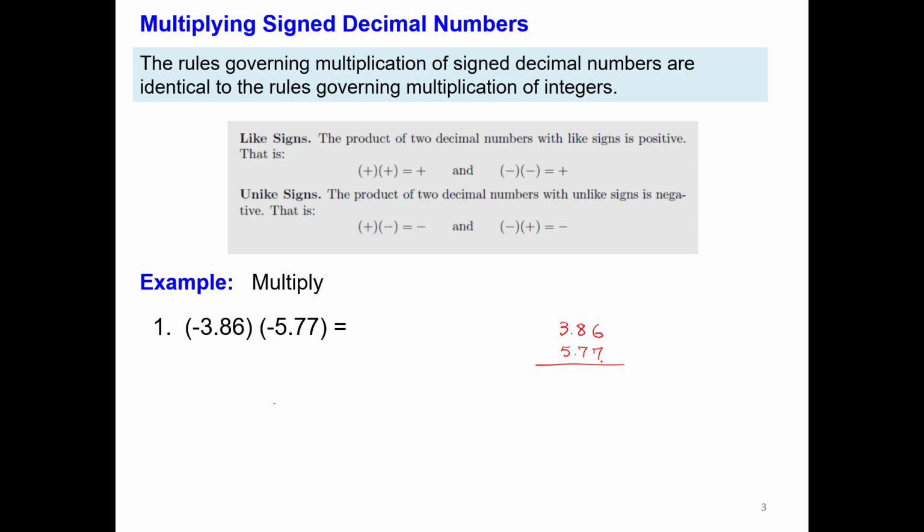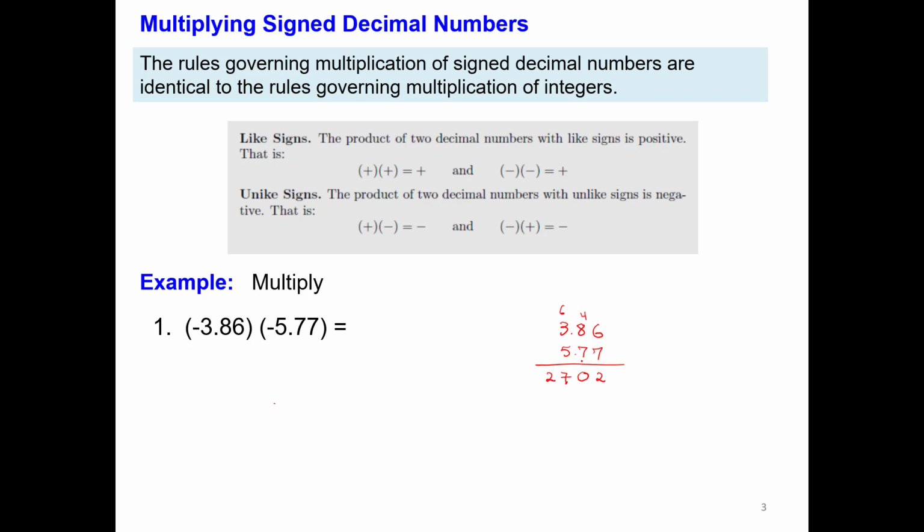We can think we had 386 times 5.77, and we will take care of the decimal places at the end. And 7 times 6 is 42, carry the 4. 7 times 8 is 56, plus 4 is 60, carry the 6. 7 times 3 is 21, plus 6 is 27.